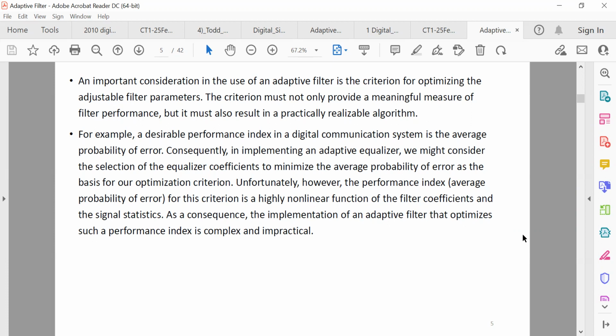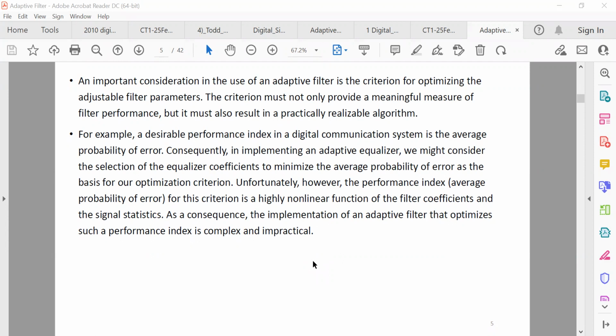So if we only consider that we adjust the filter coefficients, that is not the only thing to be considered. At times we have to think how easily the adaptive filter algorithm can be adjusted.